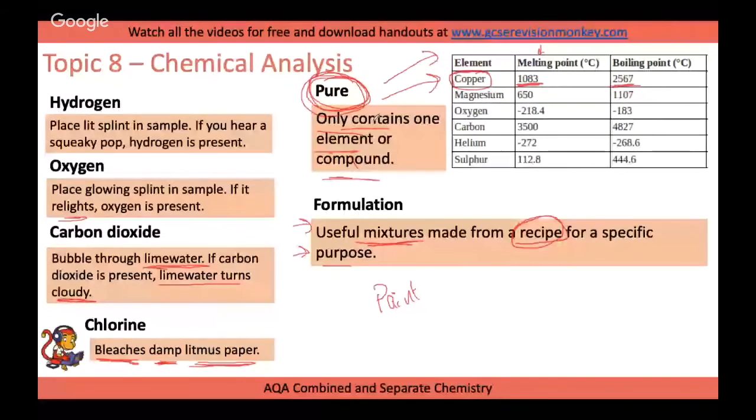If you had a mixture or something that was impure, or a formulation, for example, you would not have an exact melting point for copper. So let's say you had a particular sample and the exam tells you that the melting point for copper was 1080 degrees. Even though that looks very close, that is not close to the true value. So this would be an impure sample of copper. It would contain some impurities, perhaps a little bit of sulfur or something like that. So only if they are exactly what the table matches can we class them as pure.